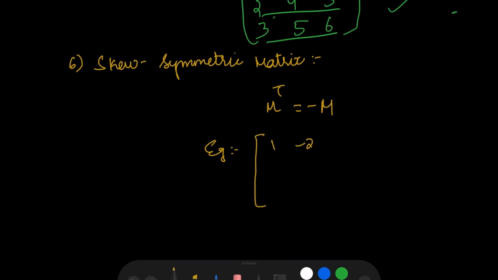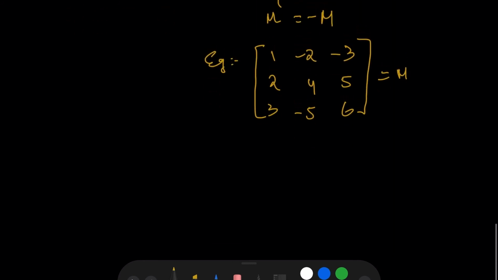1, 2, 3, 4, 5, negative 5, 6, 2, 3. So now we have a matrix M. Now let us find the transpose of this matrix.